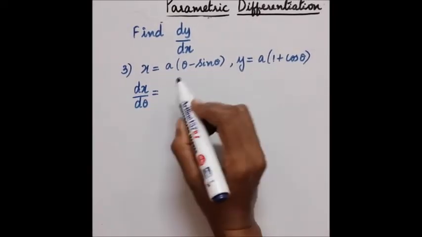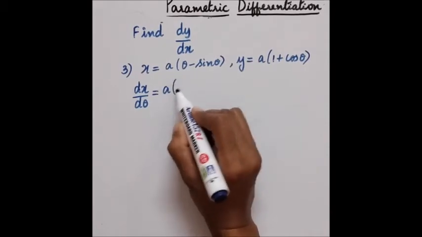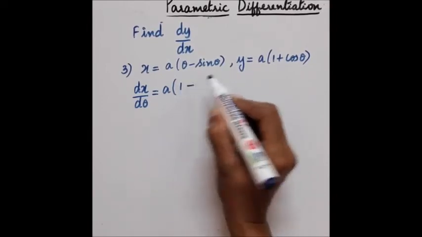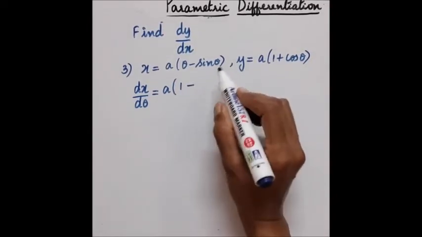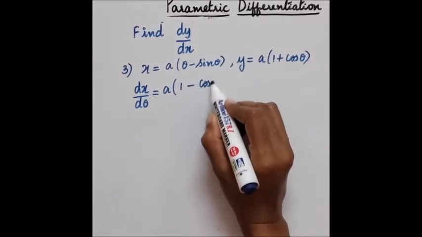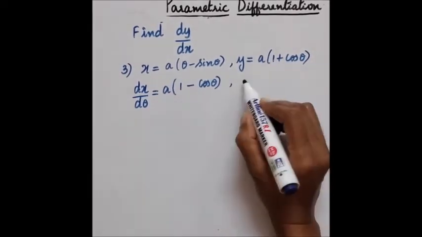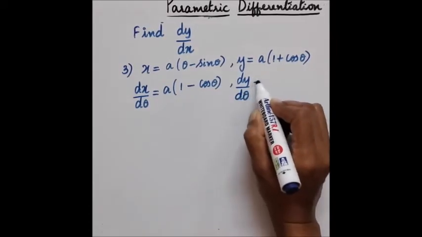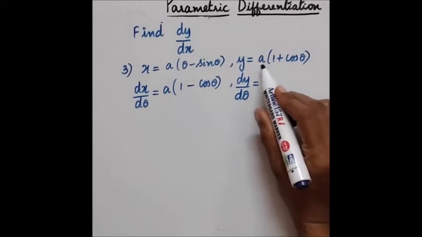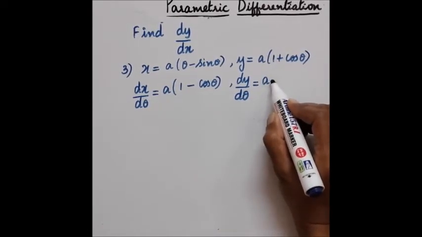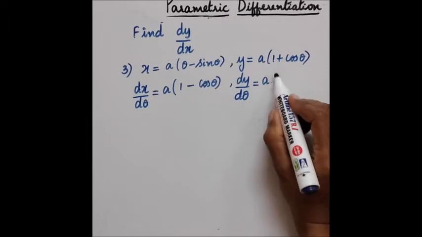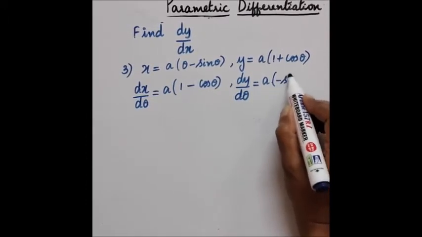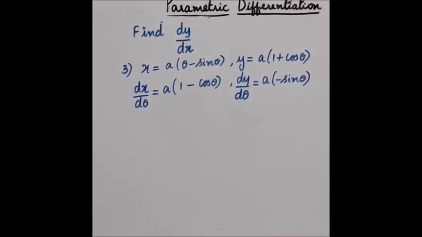Constant into the function. So constant into derivative of theta with respect to theta is 1 minus derivative of sine theta is cos theta. Same way, derivative of y with respect to theta, that is dy by d theta, is constant into function. So constant into derivative of 1 is 0 plus derivative of cos theta is minus sine theta.